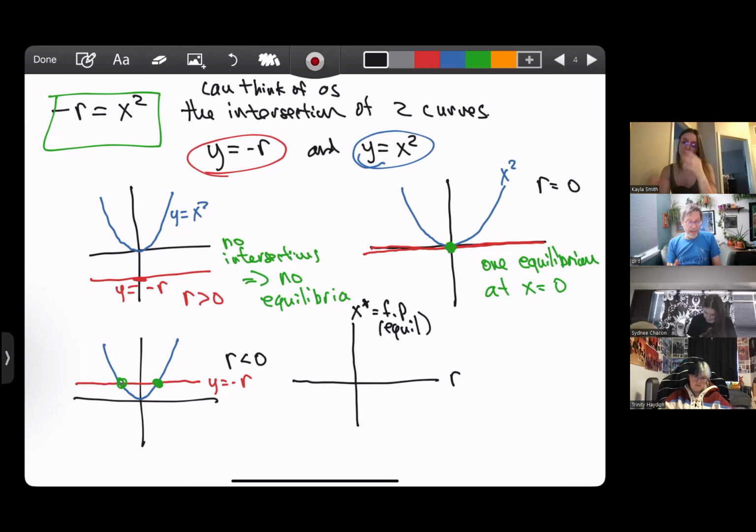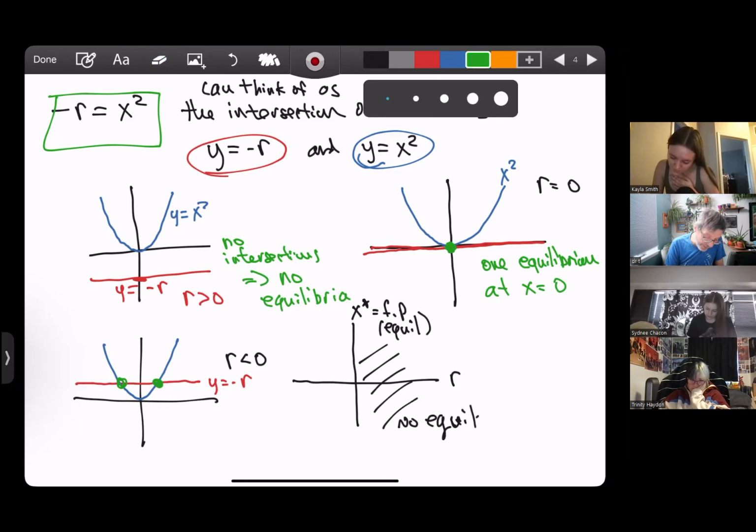Now I'm going to look at a plot. When R is a positive number, there's no equilibrium. The minute R hits 0, one appears. As R becomes more negative, those two green points on the parabola move further and further apart.